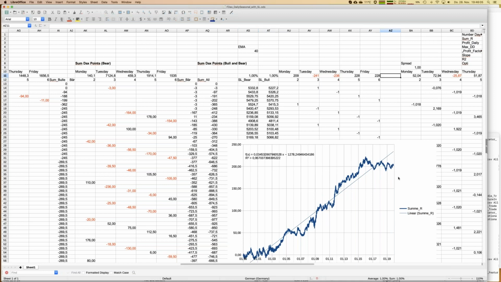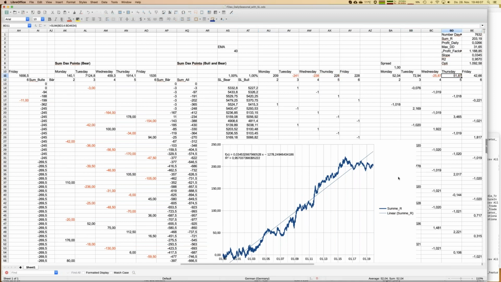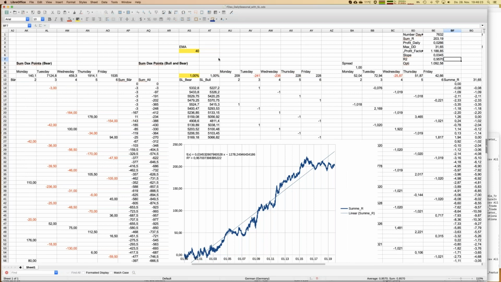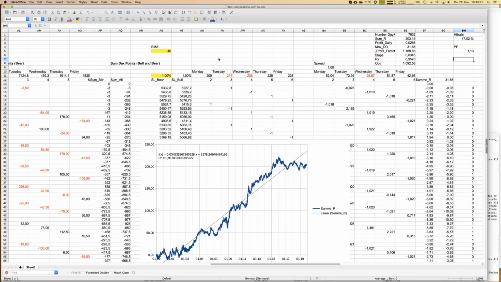So that's the way you can do your own back testing if you like, and you can change the EMA value. Please do it here, I mark it here. Those are the two that can be changed, and then you even have statistics about that kind of trading strategy, and you can do whatever you want.